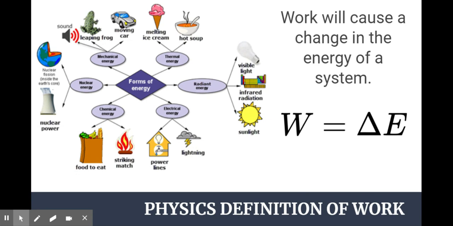So, really important right here. This is one of the main significant parts of work. Work changes the energy of a system. Now we haven't really defined energy yet. I will, but work changes the energy of a system. You can do work on an object or a system, and sometimes you'll have positive work, which means that energy was added to that system or object.